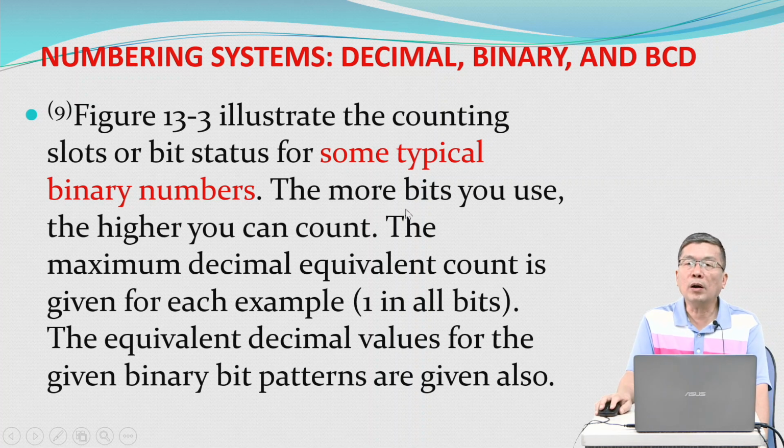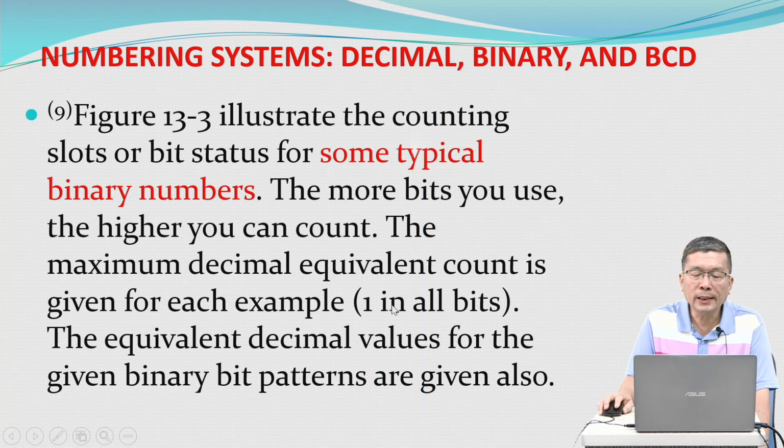The more bits you use, the higher you can count. The maximum decimal equivalent count is given for each example, 1 in all bits. The equivalent decimal values for the given binary bit patterns are given also.